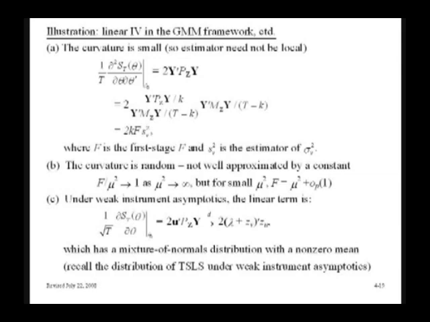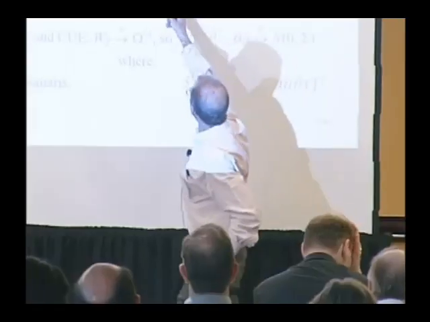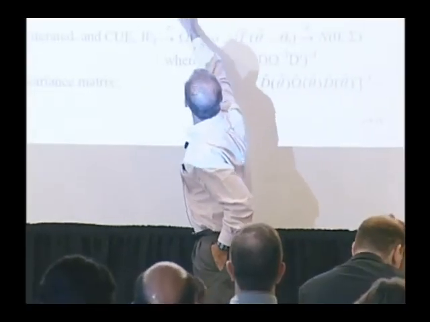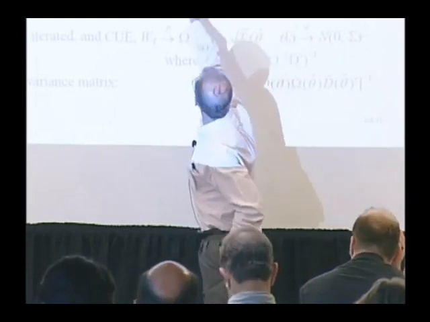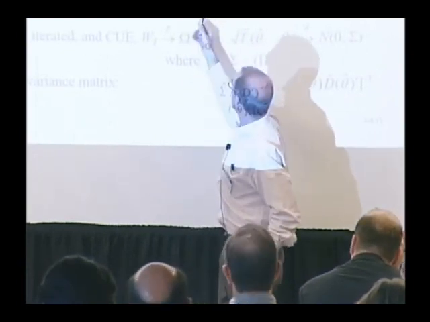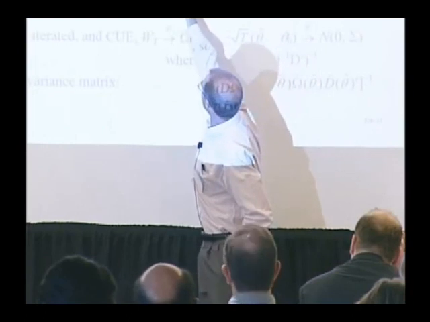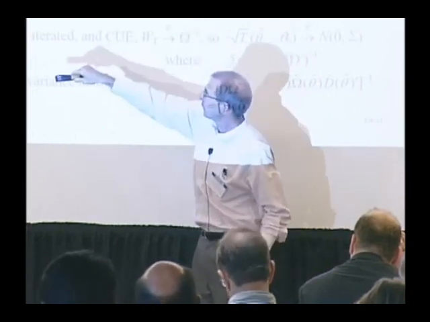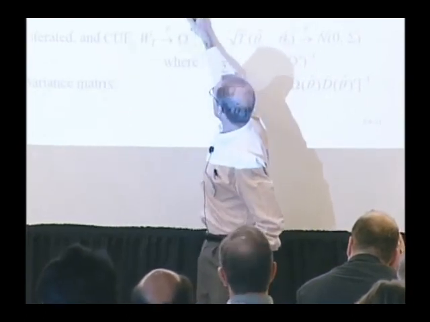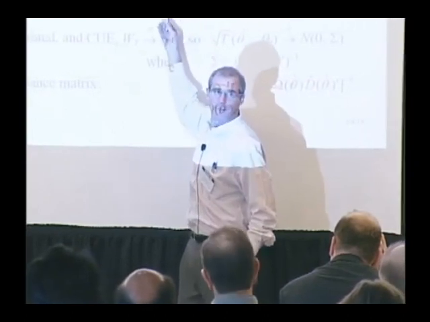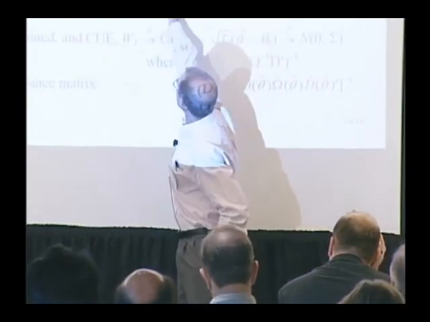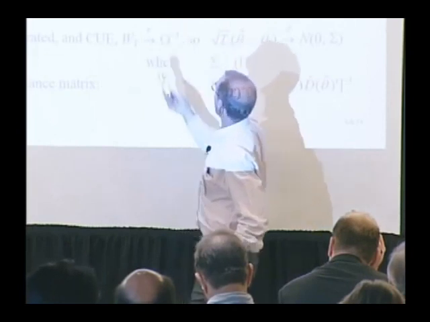In the usual asymptotics, this thing is converging in probability to something. But this is the first-stage F statistic, and if mu squared is small, it's not going to be well approximated by something that's non-random. So this thing is actually, in the weak instruments case, going to be random.